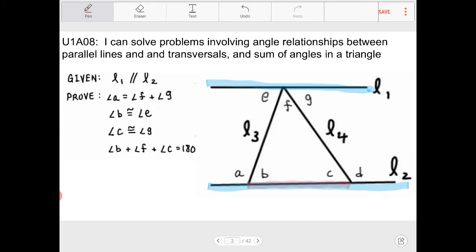So right now, we have this understanding that angles E, F, and G all are supplementary. E, F, and G all add up to 180.